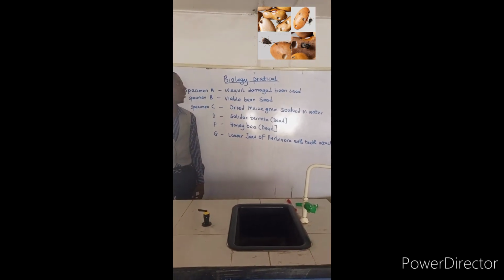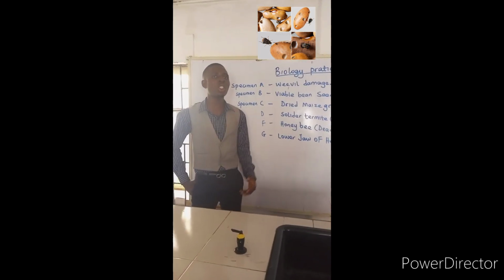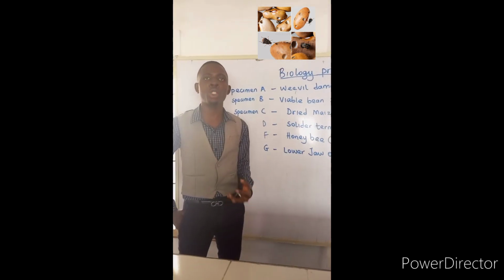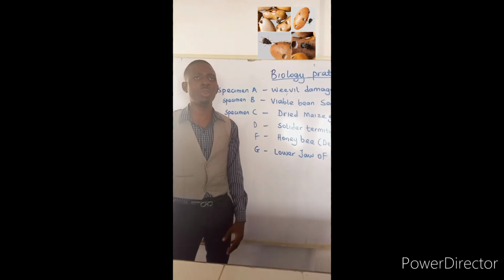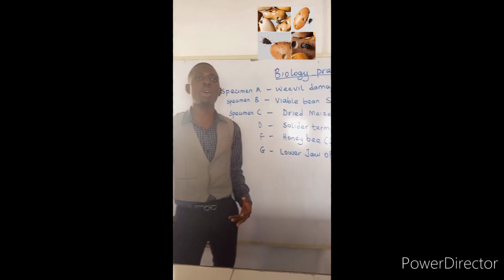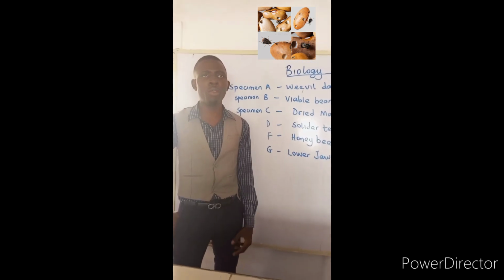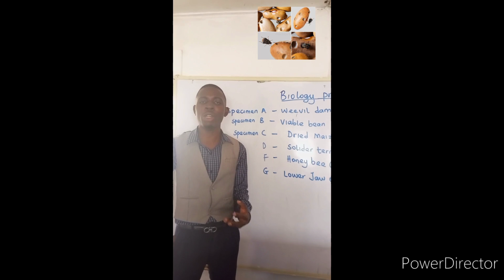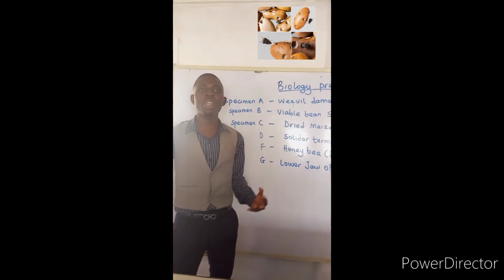Another likely question from specimen A is: why is specimen A infected with weevil? Specimen A will be infected with weevil if it is not properly stored. If it is not stored in an airtight container, or in a dry place, there is every tendency for specimen A to be affected with weevil.